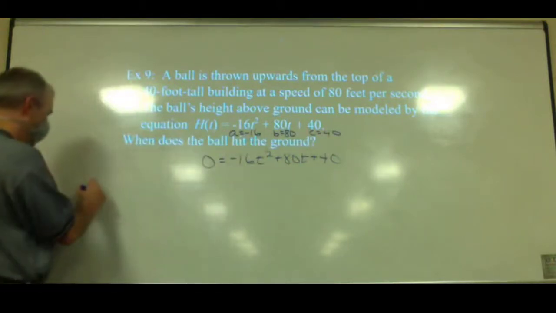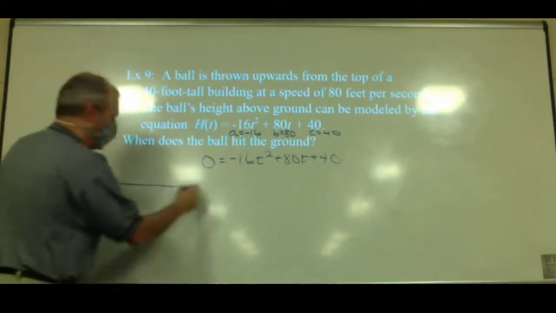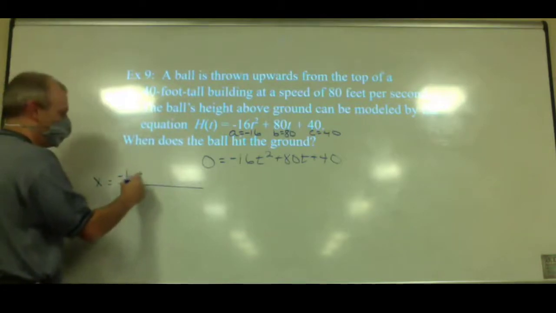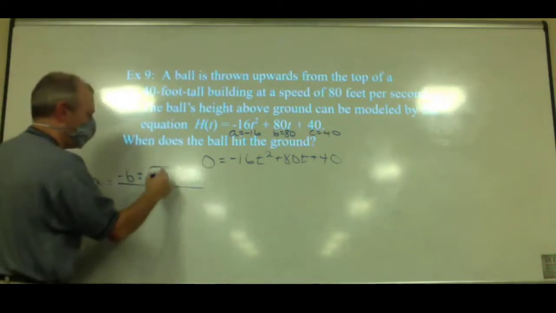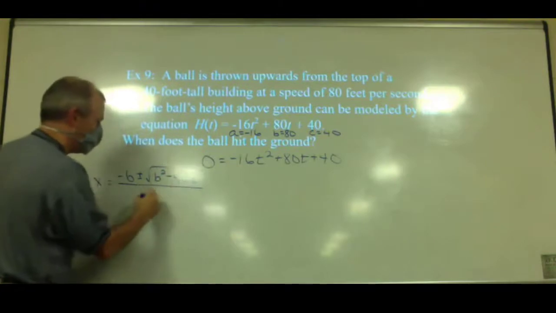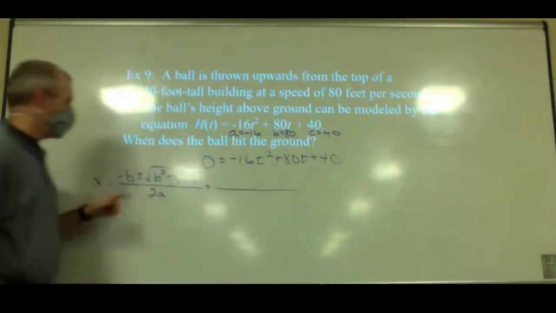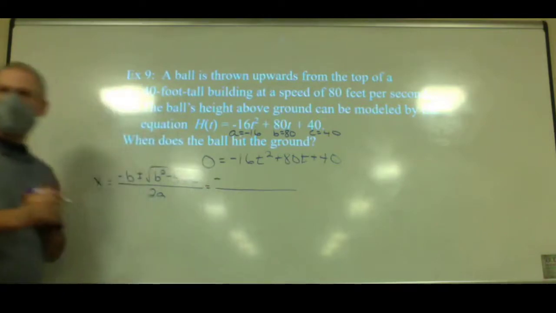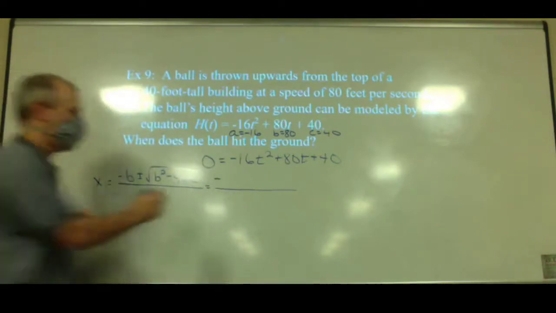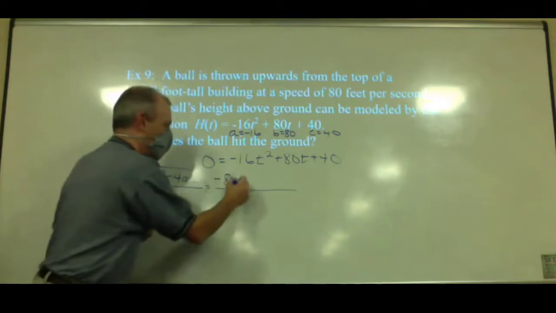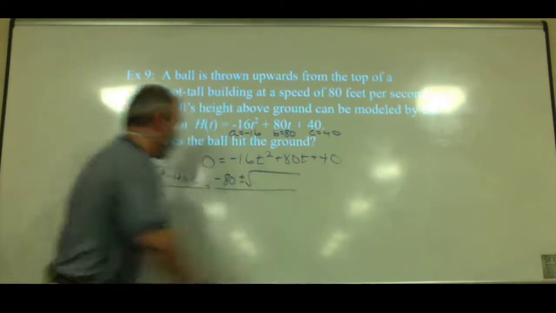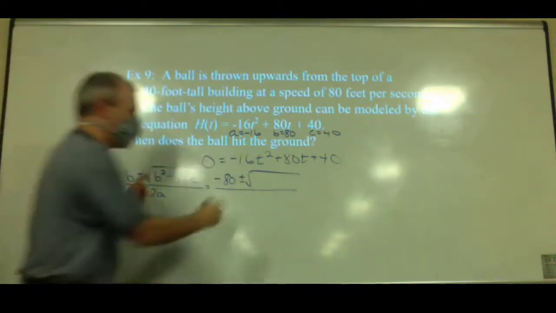So let's see if we can do this. Opposite of B plus or minus the square root of B squared minus 4AC over 2A. So we want to plug it in. We've got a negative, and what is our B value? 80. Plus or minus the B squared, which we just said was 80.